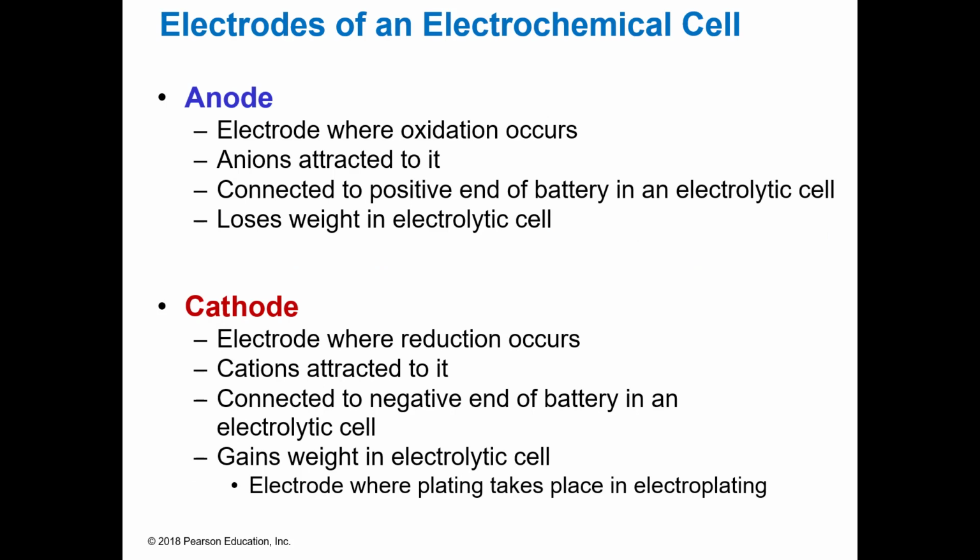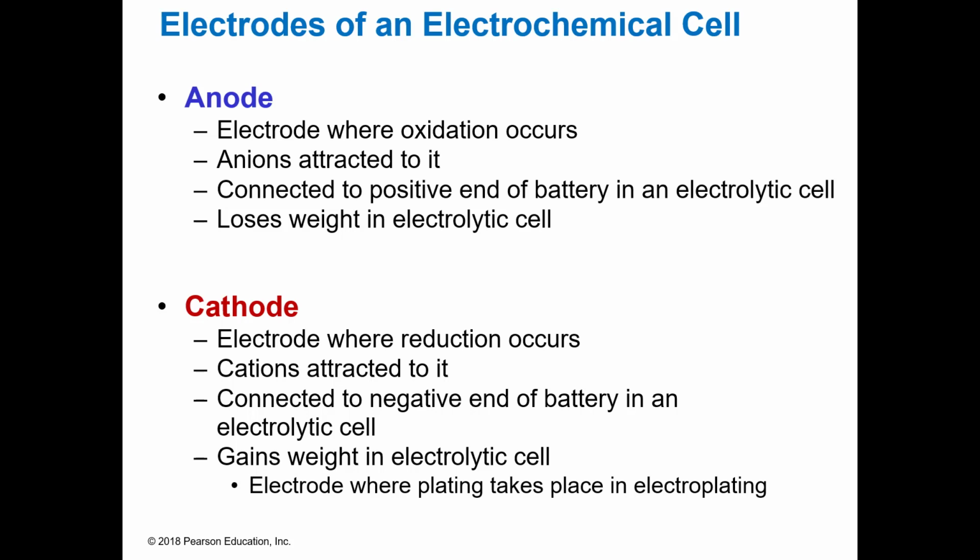Here are a couple of definitions. These are really important. In an electrochemical cell, the anode is where oxidation occurs. Anions, negative ions, are attracted to the anode. They release electrons, and that's oxidation.